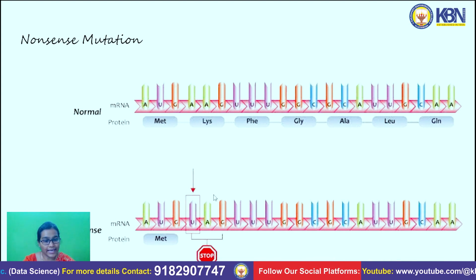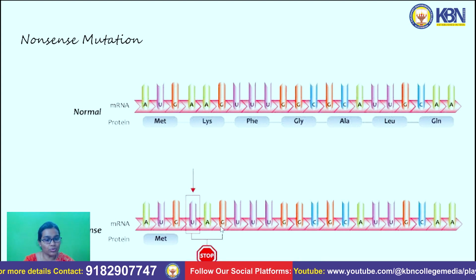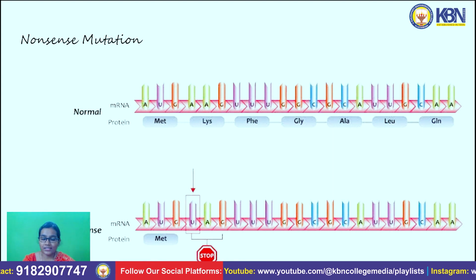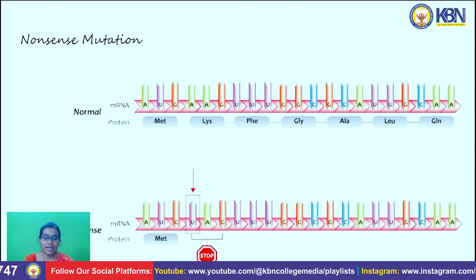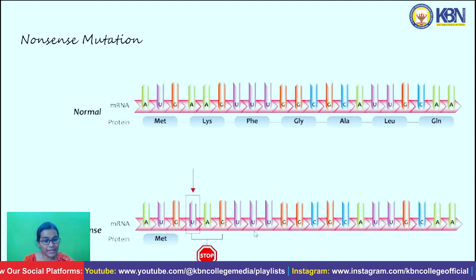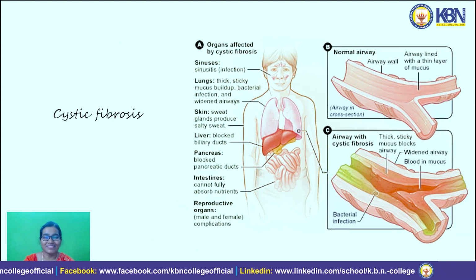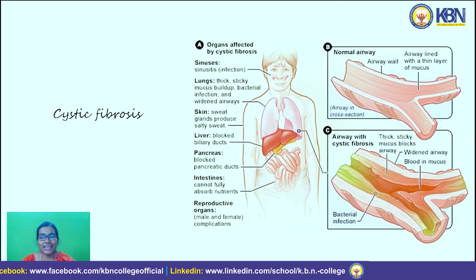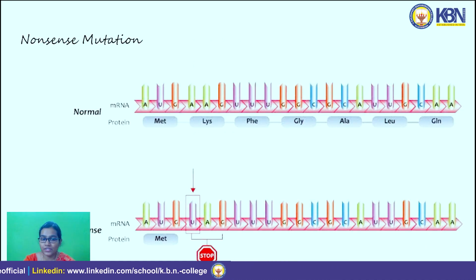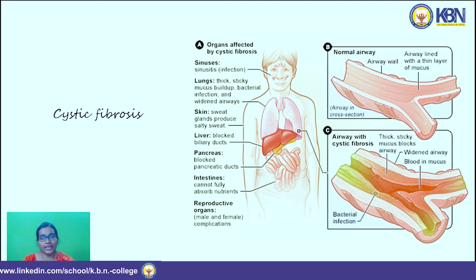Whenever the A is mutated with U, the protein synthesis suddenly ceases. When there is no complete protein, then there is no functional one, and then there is a problem.